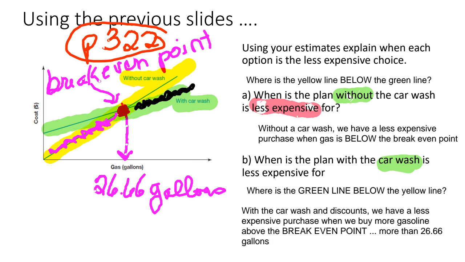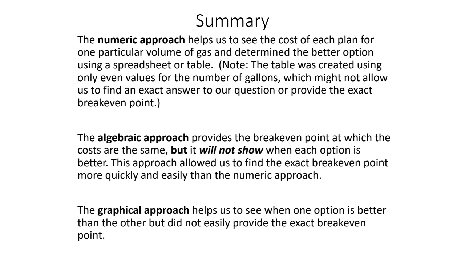You gotta watch. If you need highlighters, use them. If you can see it without the highlighters, great. Now, we're going to summarize everything. The numerical approach helps us to see the cost of each plan for a particular volume of gas and determine the better option using a spreadsheet.